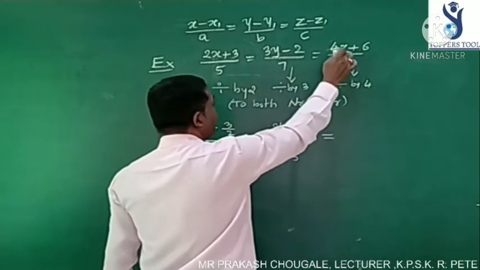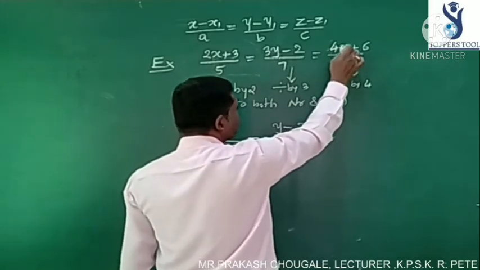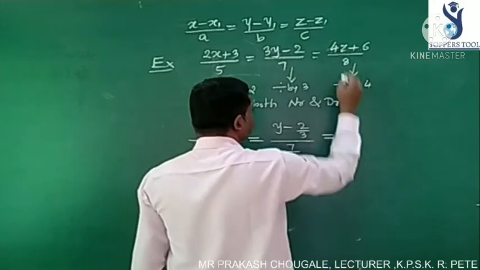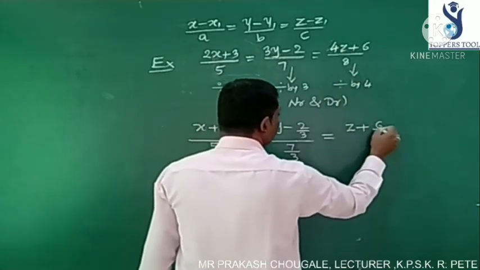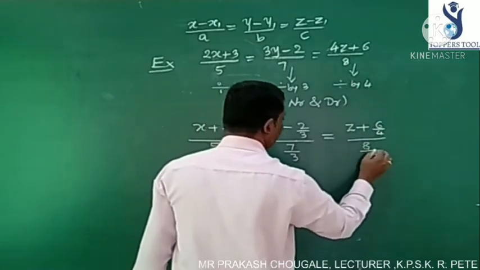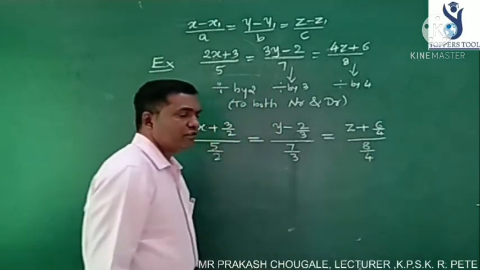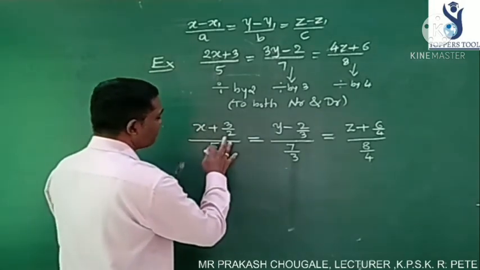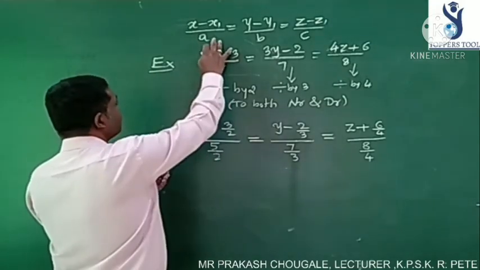Similarly, divide to make the coefficient of z as 1, divided by 4. So 4 cancels, 6/4 gives 3/2, divided by 8/4. So looking at this, now you can confirm this is in the standard form.